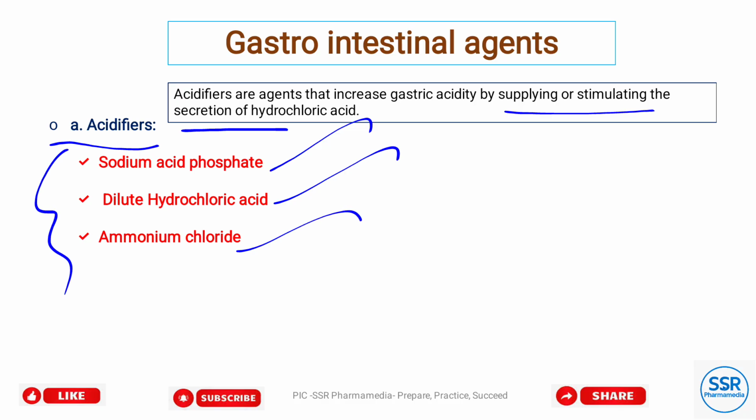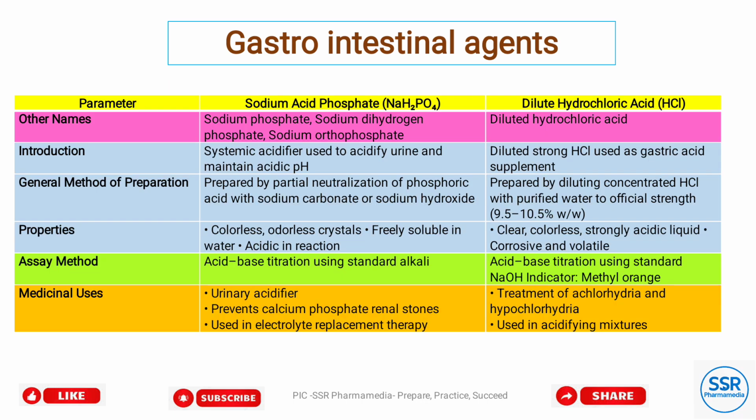So these three are the examples of acidifiers. Mainly sodium acid phosphate, also called sodium dihydrogen phosphate, and dilute hydrochloric acid. Other names of sodium acid phosphate are sodium phosphate, sodium dihydrogen phosphate, and sodium orthophosphate.